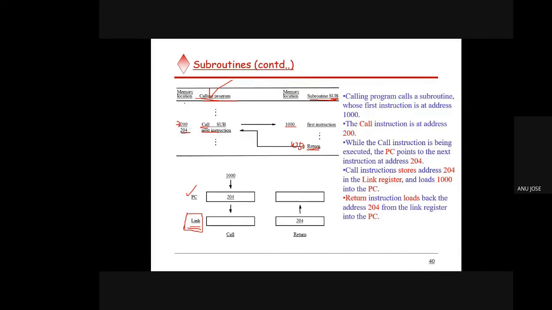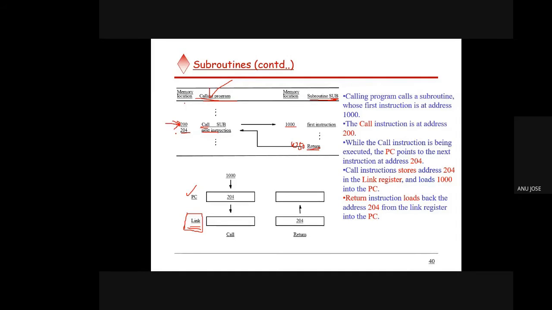What should the program counter content be? It should be the address of the next instruction to execute. If the call sub instruction is executing, then before that, the program counter has already been updated with the value 204, because it expects the next immediate instruction to be at 204.